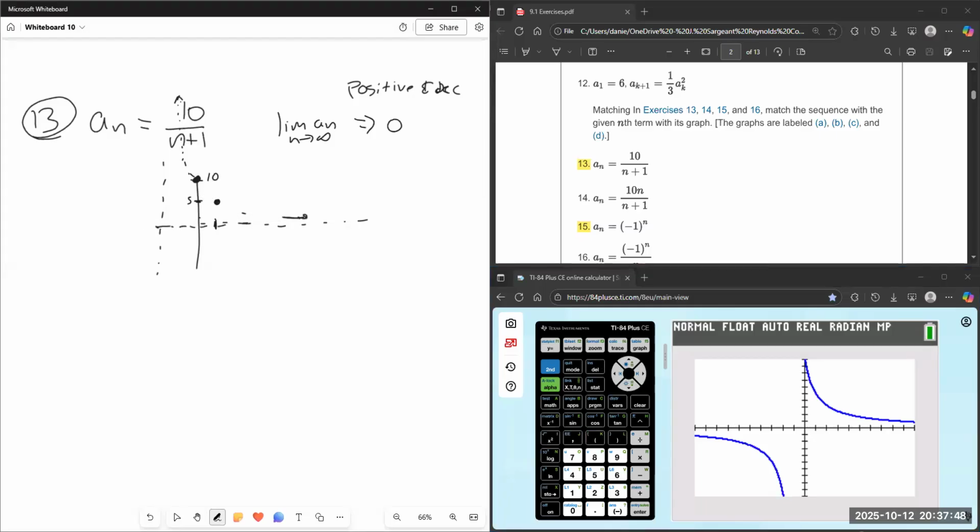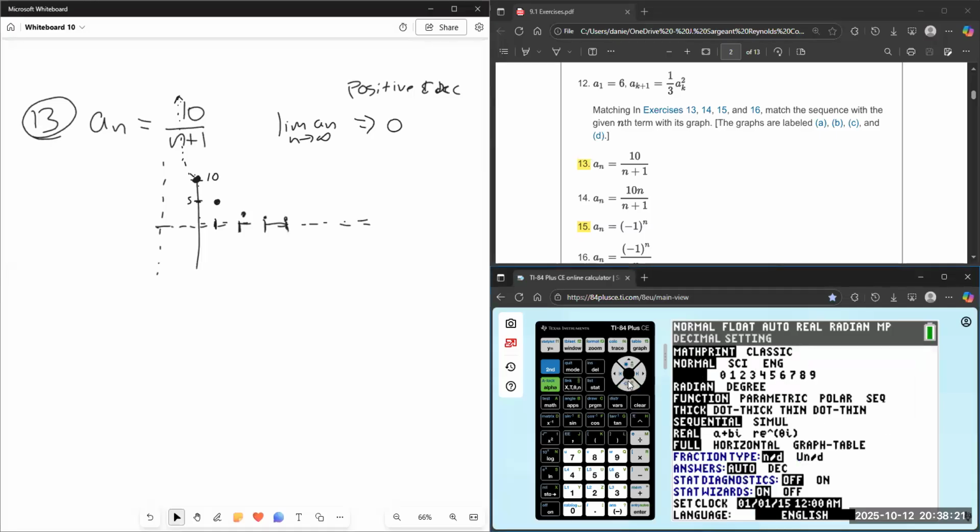Like I was saying, at 2, this is 10/3, and then at 3, it's 10/4, and at 4, it's 2, and so on. So it looks like this rational function that's approaching that asymptote, but it's really just that sequence of dots like we were just talking about.